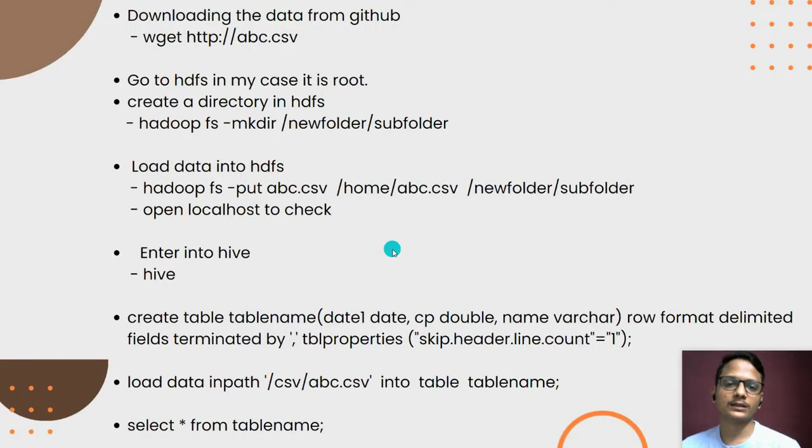Let's see the commands that we usually follow in order to execute Hive commands. Firstly, we download the data from GitHub, or from any website. We can download it directly, or we can use the wget command to get the data through the link. Later, we download that file into our local file system.